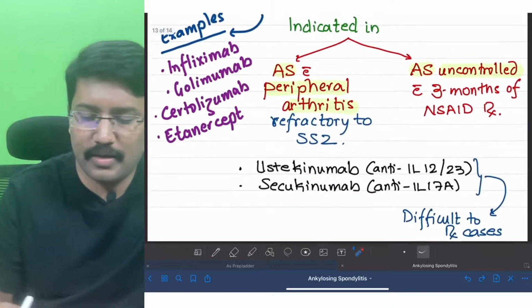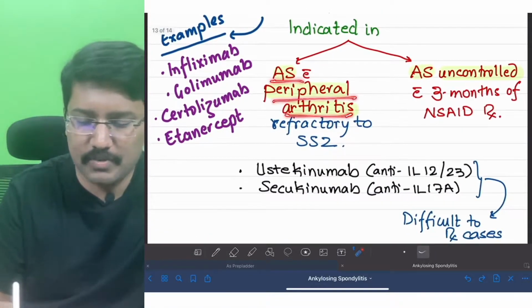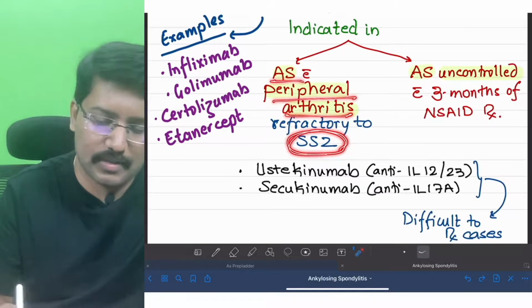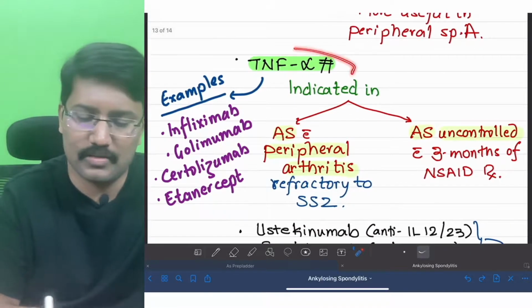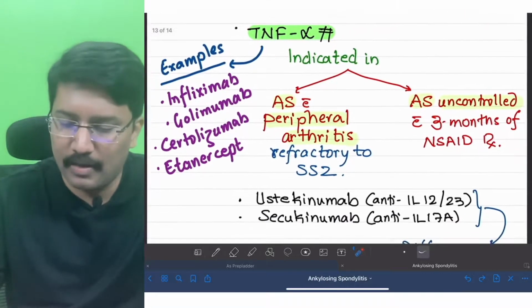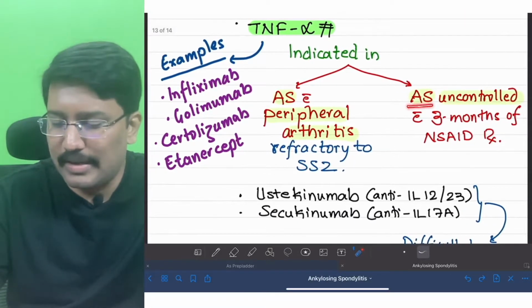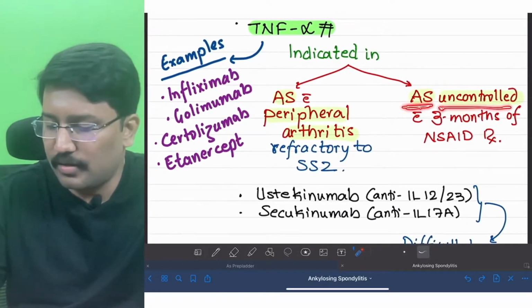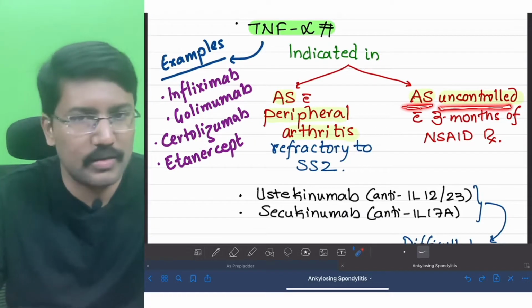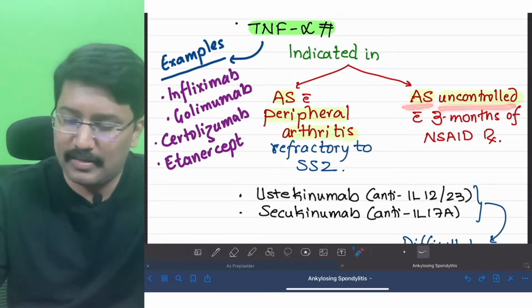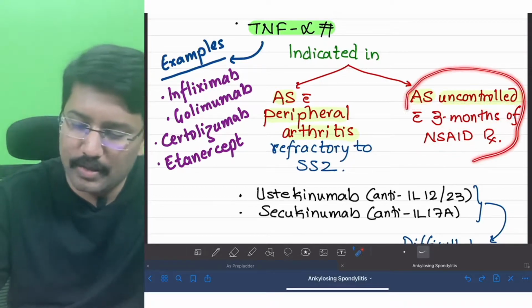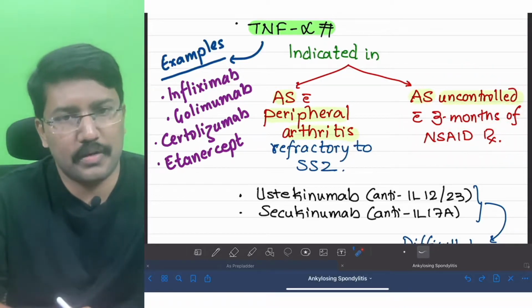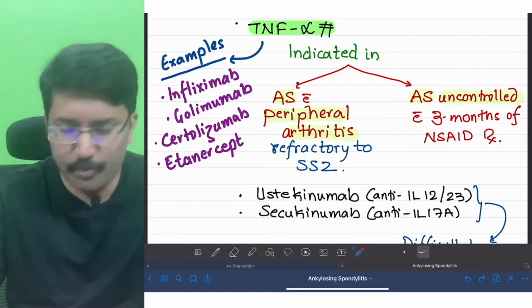So if you have an AS patient who has peripheral symptoms, and despite giving sulfasalazine, he continues to have disease activity, in those patients you can consider anti-TNF alpha therapy. And those AS patients who remain uncontrolled, or whose disease activity continues to be high despite 3 months of NSAID treatment, in those patients also you can consider anti-TNF alpha therapy. I hope you got the point.